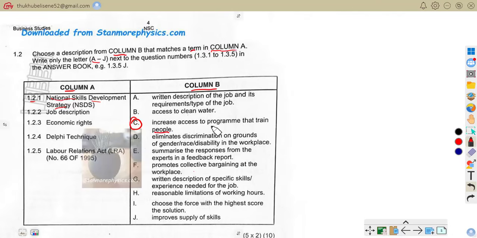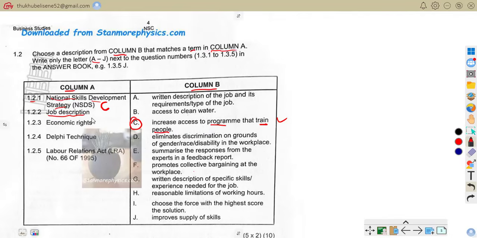As it says, increase access to programs that train people, so it measures the National Skills Development Strategy. The correct answer there is C. Hope you get that.